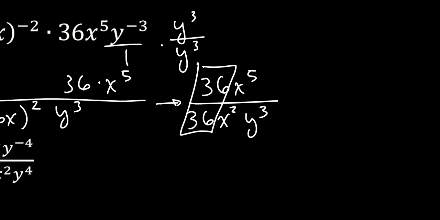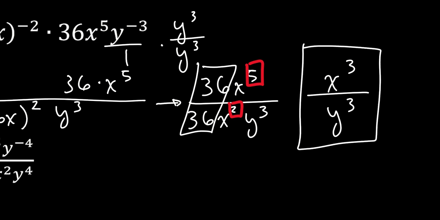And the other thing is, when I simplify the x to the fifth and the x to the second, that's just going to give me x to the third power left over in my numerator, and in my denominator I have a y to the third. So the final answer for this one is x cubed over y cubed.